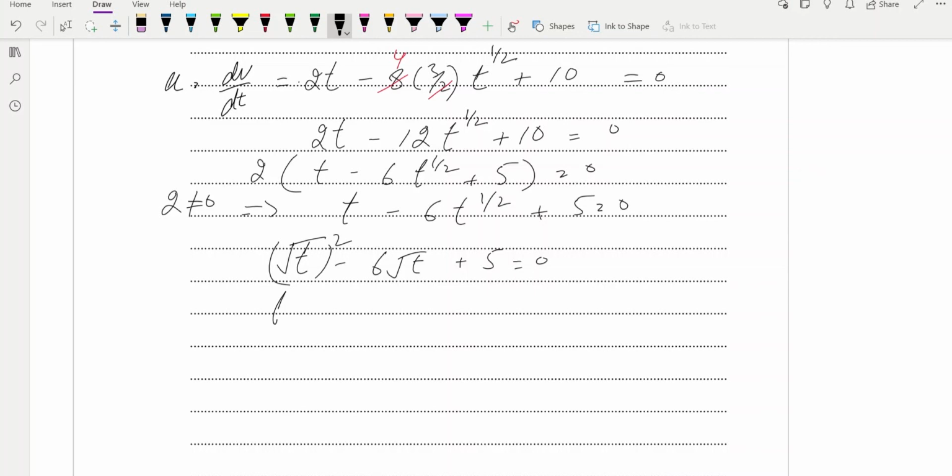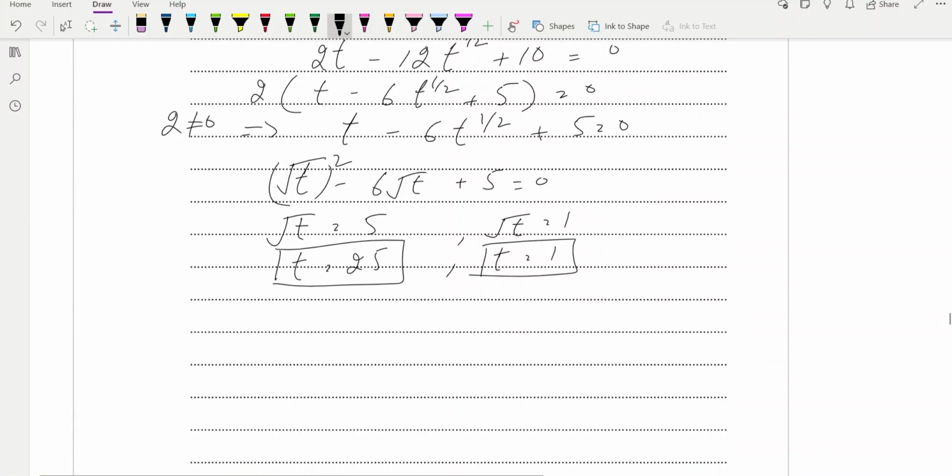So under root t is equal to 5, and under root t is equal to 1. Taking the square on both sides, t will be equal to 25 and t will be equal to 1. So these will be two values which we will be utilizing next. So we can find the second order derivative, that will be what?